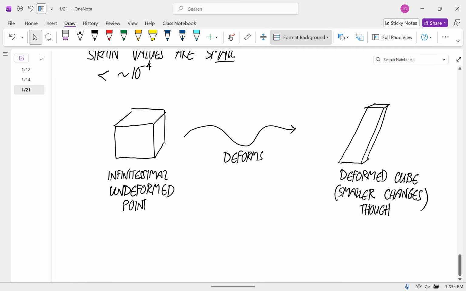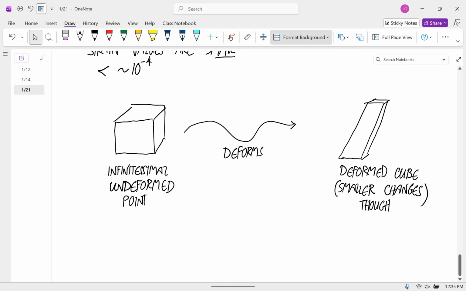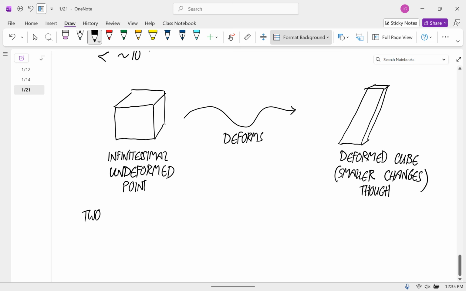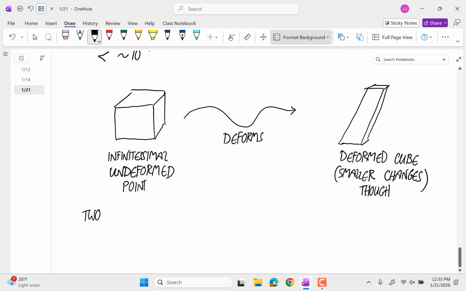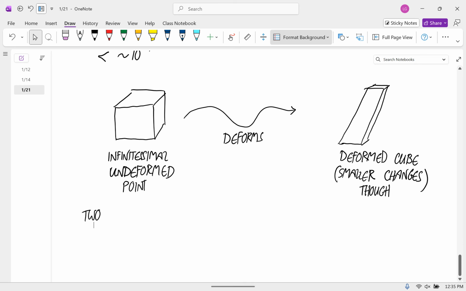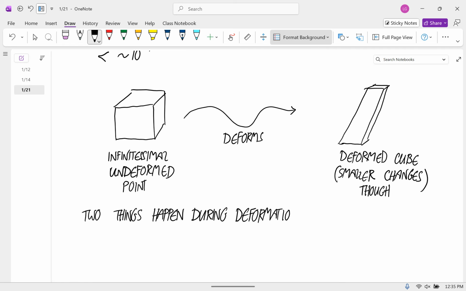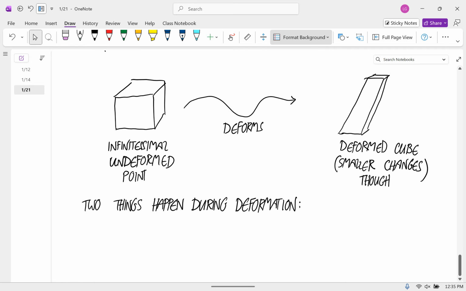So in this deformation from a cube to a parallelepiped, two things happen. We're going to think of them as two different things. The first one is their length changes.